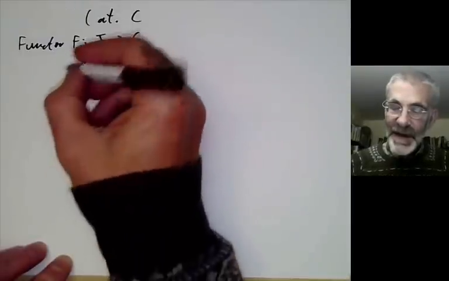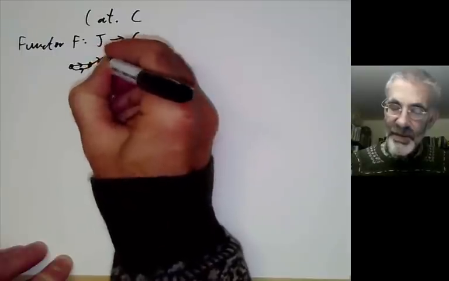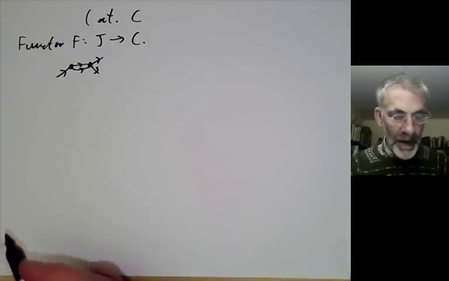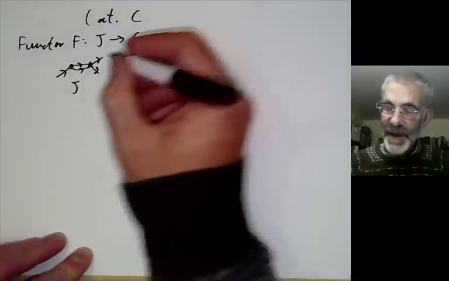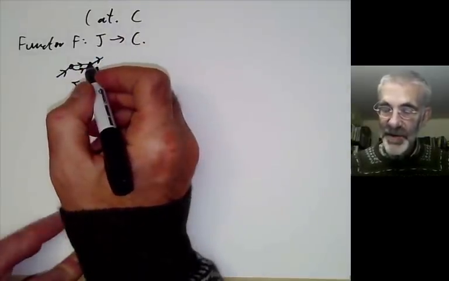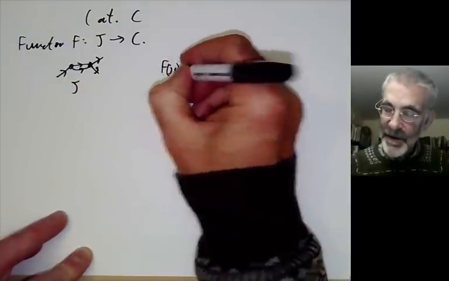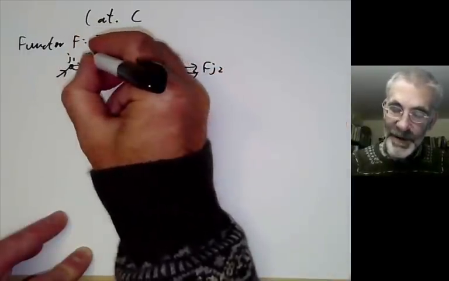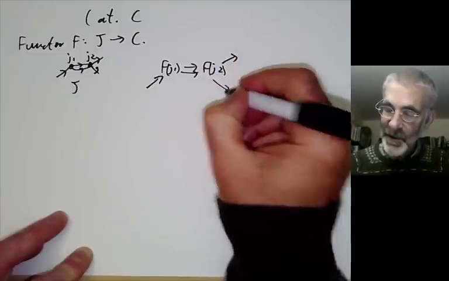So we've got a category J, which might have various objects and morphisms. Who knows what it looks like? Let's draw some bits of it. And a functor from J to C means you essentially pick objects in C for each object of J. So we might have F of j1 maps to F of j2 and so on, where this is j1 and this is j2, and we might have various other maps like this all over the place.